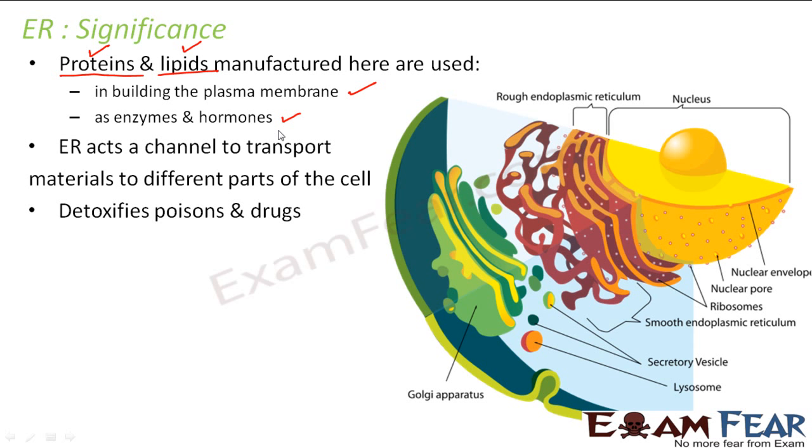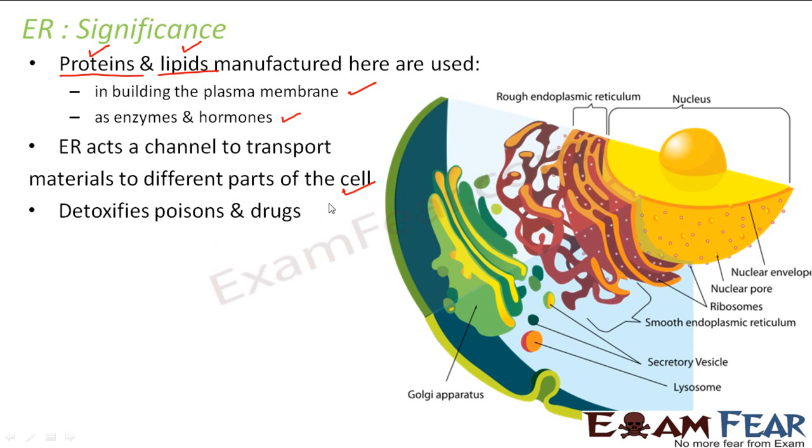So these proteins and lipids are also used as enzymes and hormones. Endoplasmic reticulum acts as a channel to transport materials to different parts of the cell. As I mentioned, the rough endoplasmic reticulum contains ribosomes which produce proteins, and these proteins are carried to different parts of the cell with the help of endoplasmic reticulum. So it acts as a channel to transport materials.